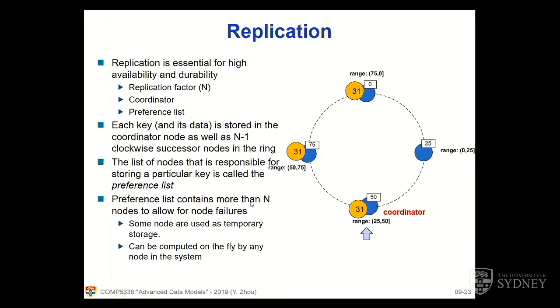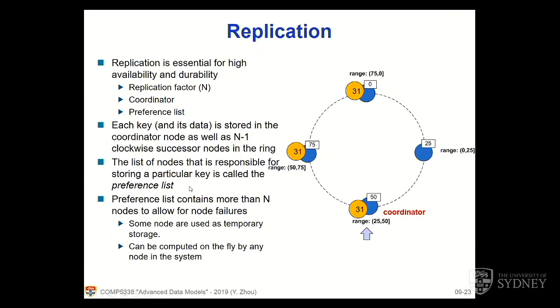It usually contains more than n nodes to accommodate for node failures. So if a few of these are not available, then this one can be considered as temporary storage for this key. So the preference list will contain its designated replica nodes plus a few extra subsequent nodes on the ring.